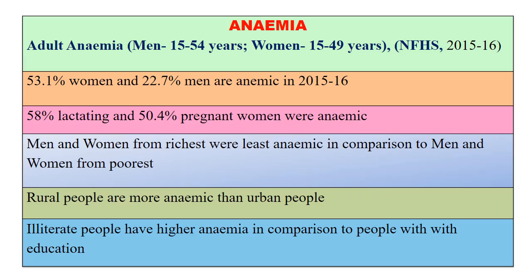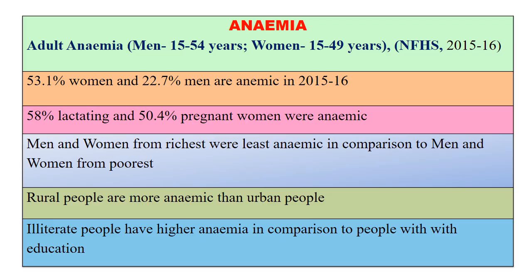Here we will see some more detailed observations about anemia. Anemia is largely related to food and diet, and as per the National Family Health Survey, we can see some interesting facts. Adult men aged 15 to 54 years and women aged 15 to 49 years were surveyed, and it was observed that 53% of women have anemia, whereas men 22%.